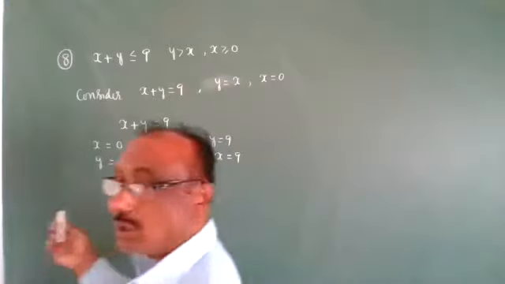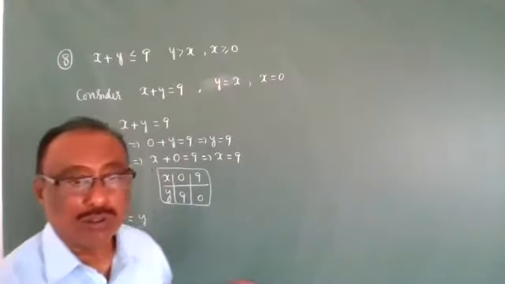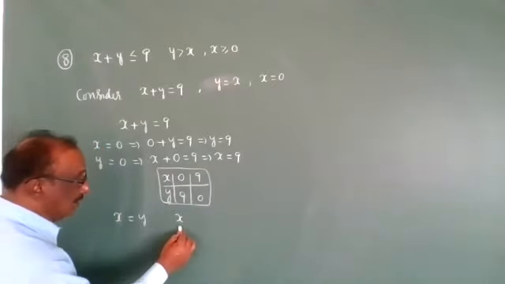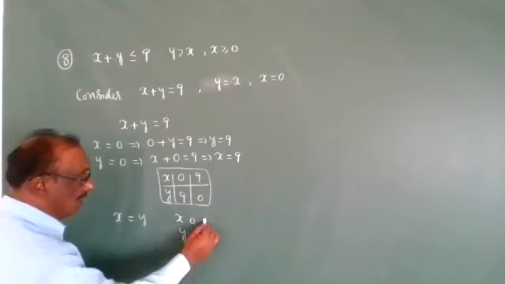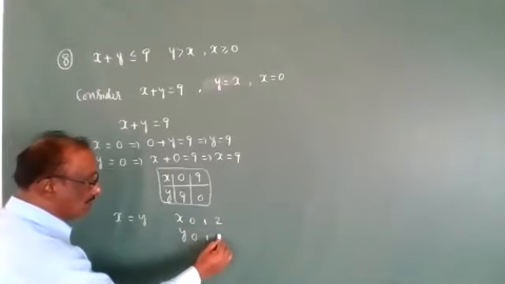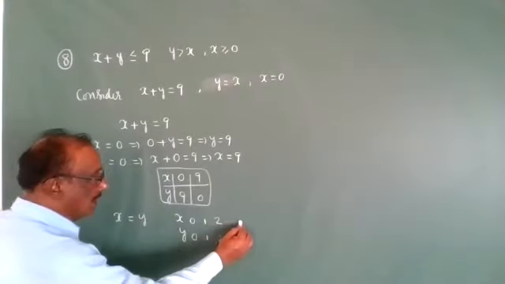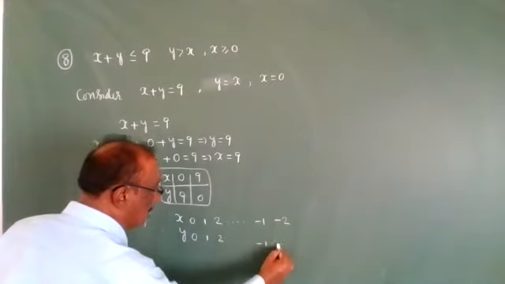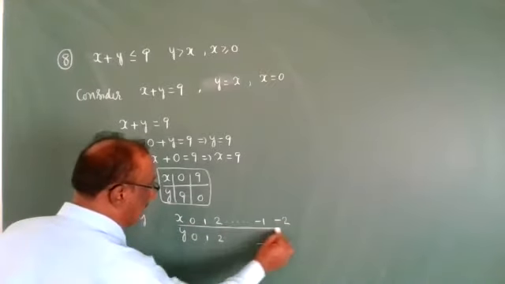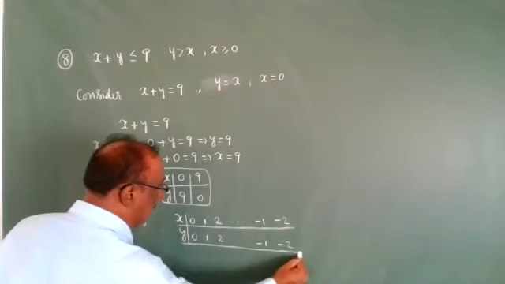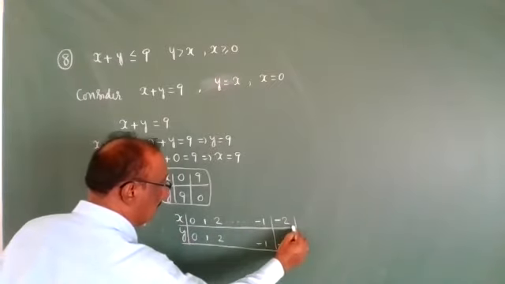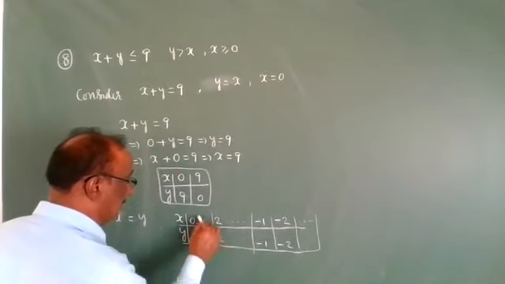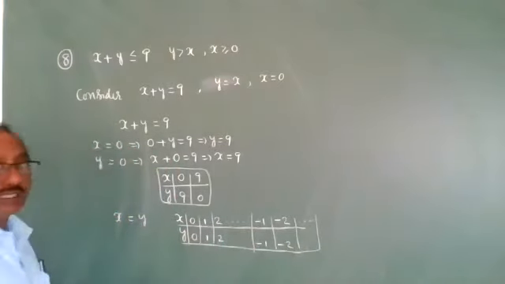So all points: x is equal to 0, y is equal to 0; x is equal to 1, y is equal to 1; x is equal to 2, y is equal to 2; and dotted, x is equal to minus 1, y also minus 1; x is equal to minus 2, y also minus 2. These are the points for the second one.